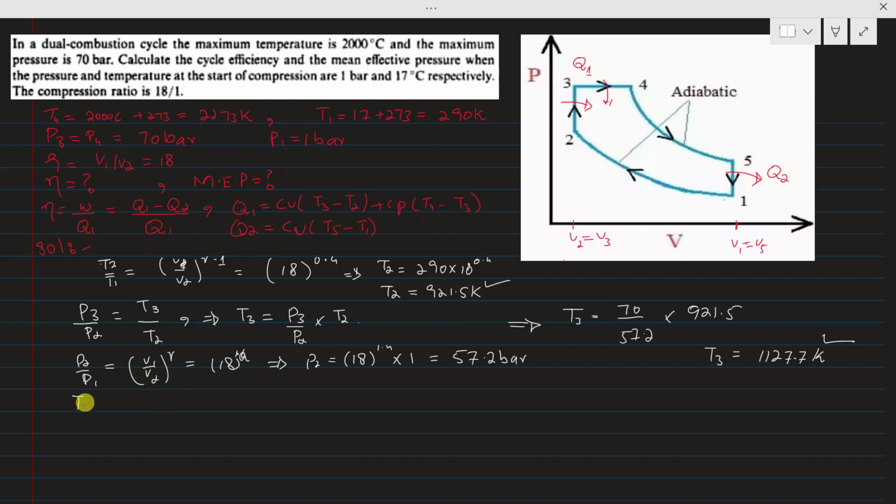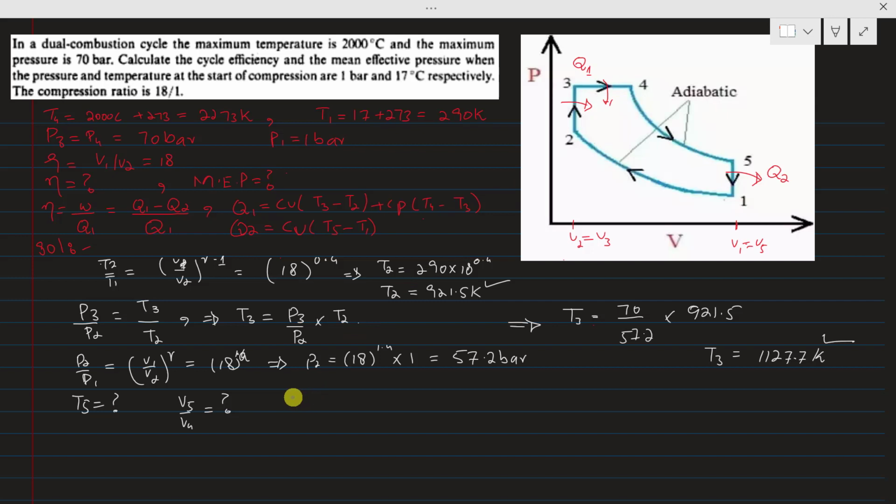To find T5, we now need to find V5 by V4. Look at process 3 to 4. This is a constant pressure heat addition process, so there is a direct relationship between volume and temperature.